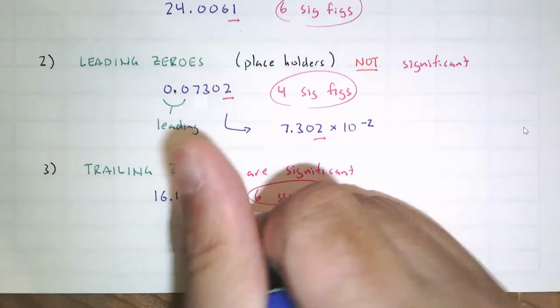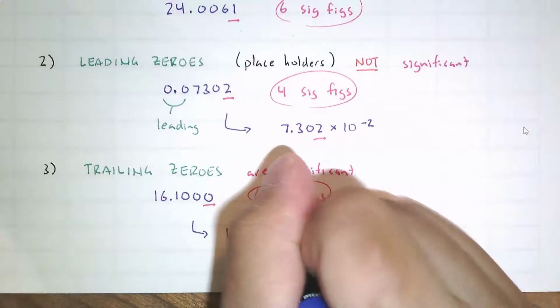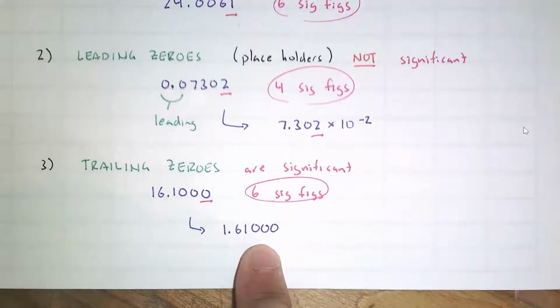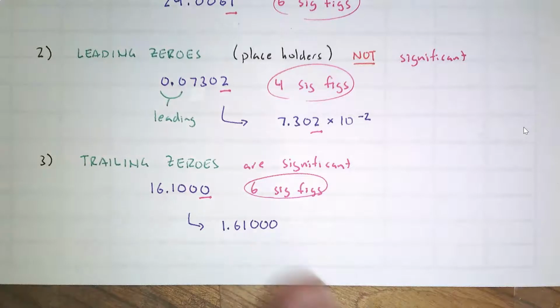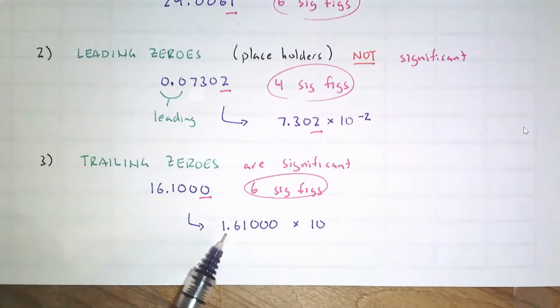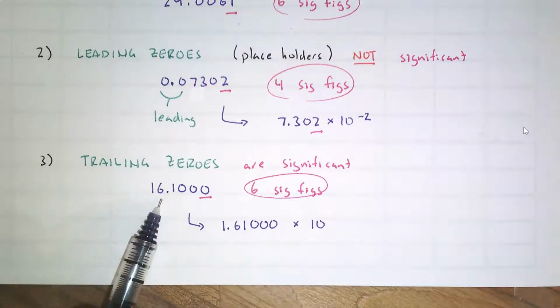Well, when you do scientific notation, you have to indicate that by putting the zeros as well, because those, again, are significant. They add reliability and certainty to the value, times 10 to the what? Well, now we have to convert 1.61000 to 16.100.